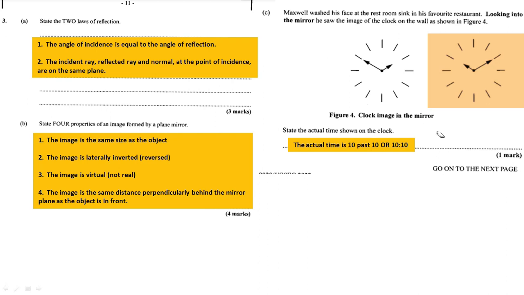10:10. Now the sad part is that a lot of children don't know how to read analog clocks. With cell phones, and you have your Apple Watch, all sorts of things, most children don't know how to read analog clocks. It's going out. Children learn it and sometimes forget it. If you didn't know how to read the analog clock, to make it worse, there are no numbers here.